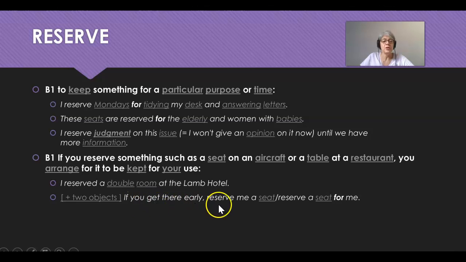If you get there early, reserve me a seat or reserve a seat for me. Understood? So this extra meaning means to make a booking. But this meaning up here is the one closer to preserve and conserve.